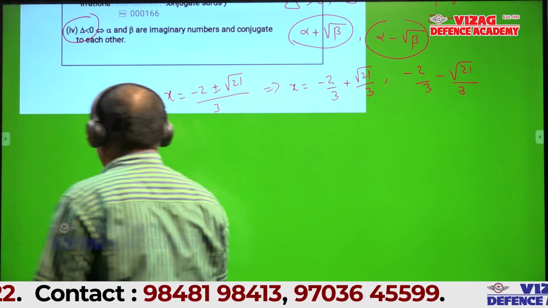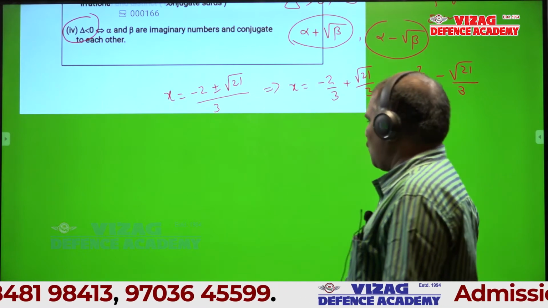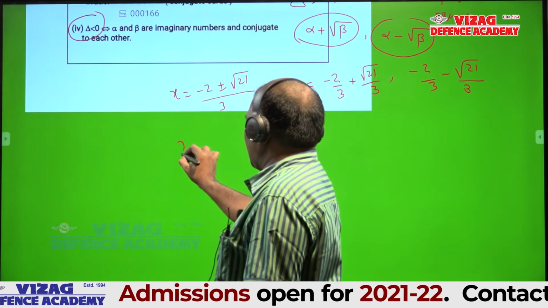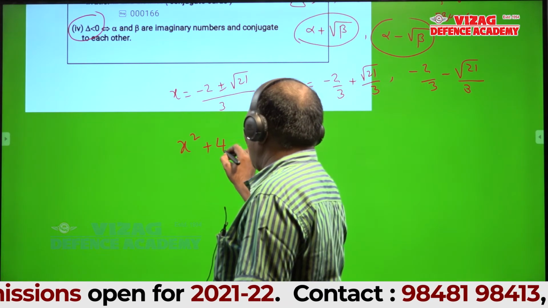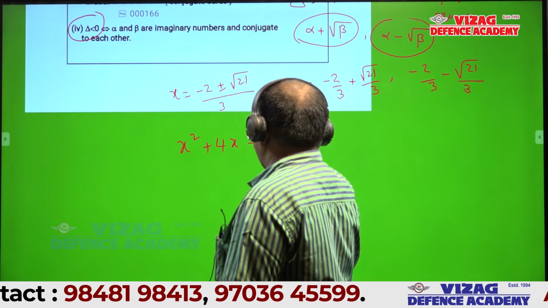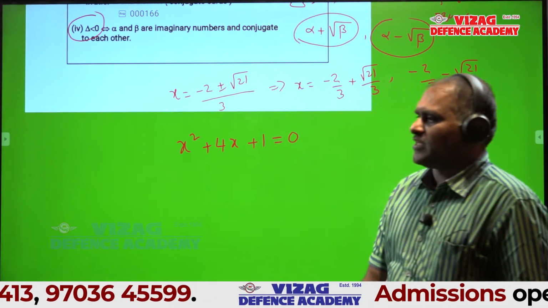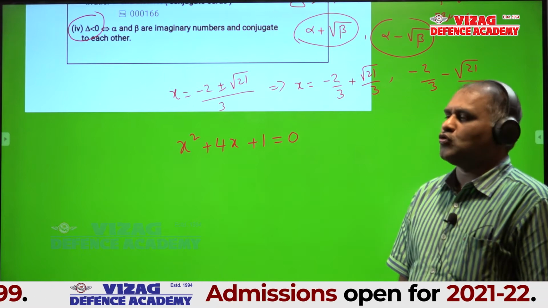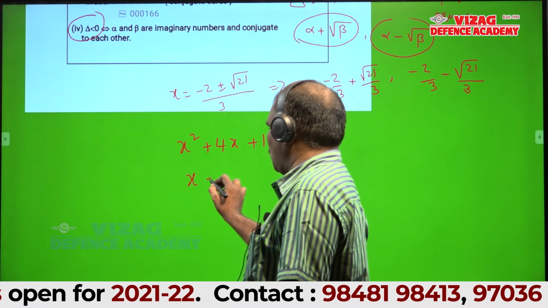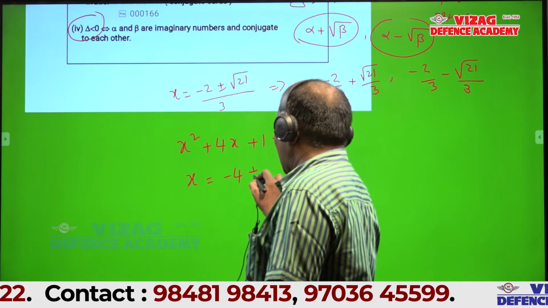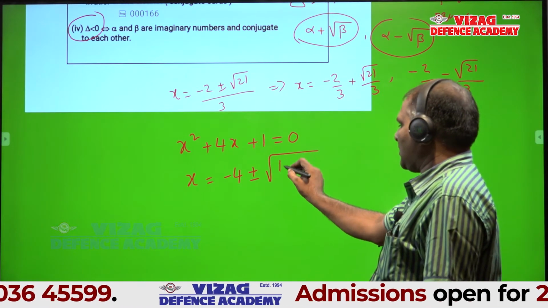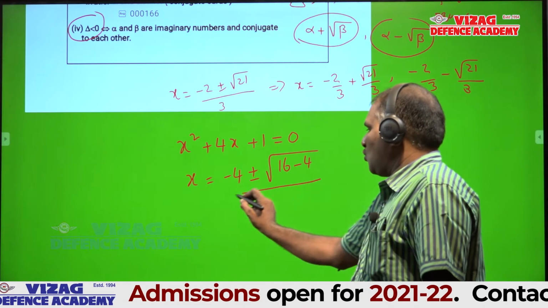Listen, here is one equation I can take: x square plus 4x plus 1 is equal to 0. This is the quadratic equation. How do we find the roots of a quadratic equation? x is equal to minus 4 plus or minus root of 4 square, which is 16, minus 4, all divided by 2.